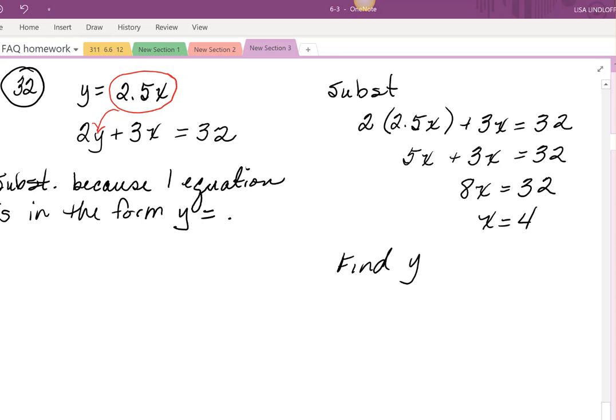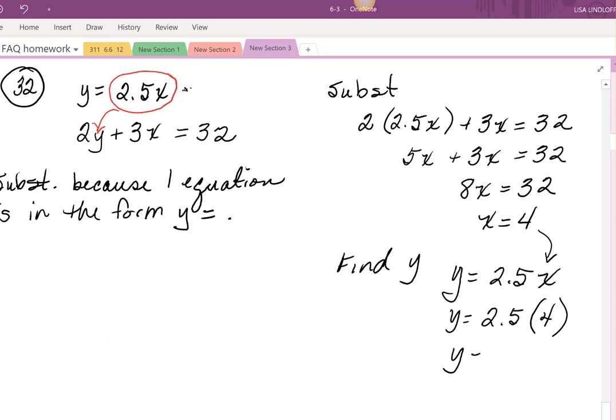I'm going to choose, as I always do when I've used substitution, the one with the circle. So I'm going to choose y equals 2.5x, plug that in, y equals 2.5 times 4, so y is 10. Your ordered pair is 4, 10.